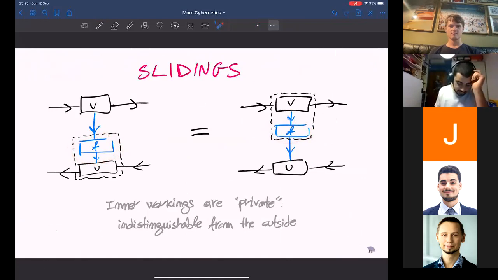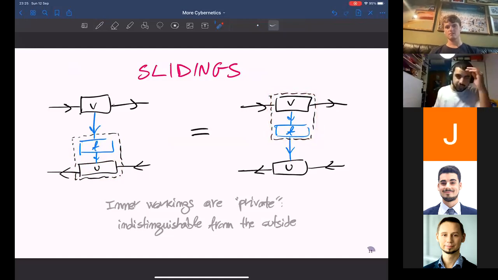So imagine that the update of one optic is actually composed of two maps like this. First I look at my memorized state, I do some computation, and then I feed it to the real update map. Now what I can do is slide this up and consider it a part of the view.